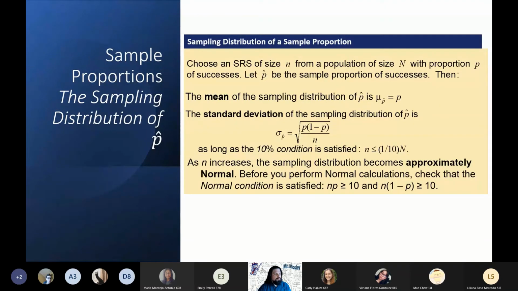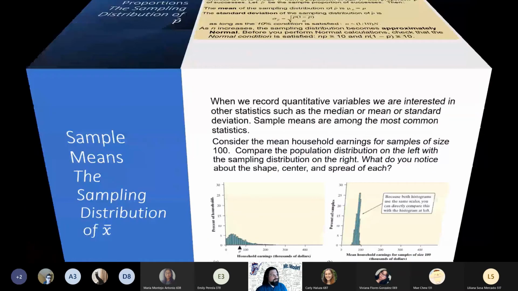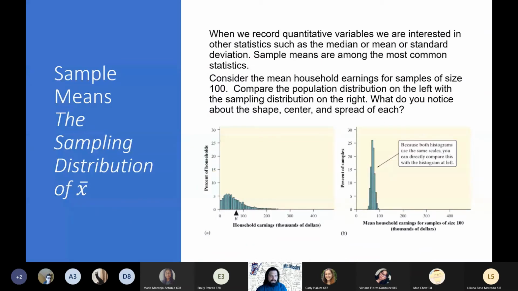All right. So now we're going to go to sample means, the sampling distribution of X bar, and X bar is the notation for the sample mean. When we record quantitative variables, we are interested in other statistics such as the median or mean or standard deviation.